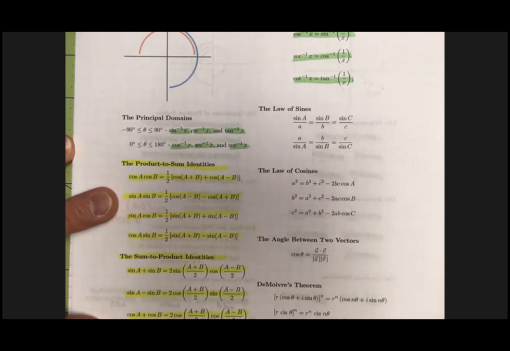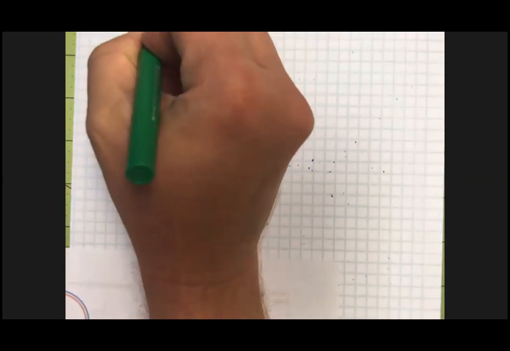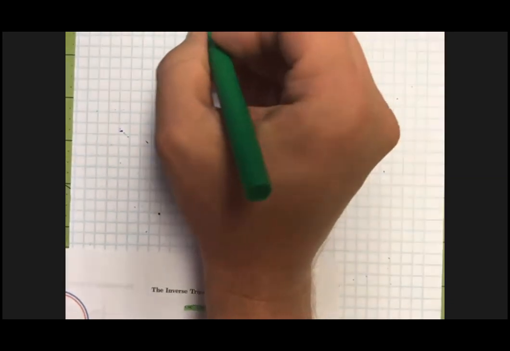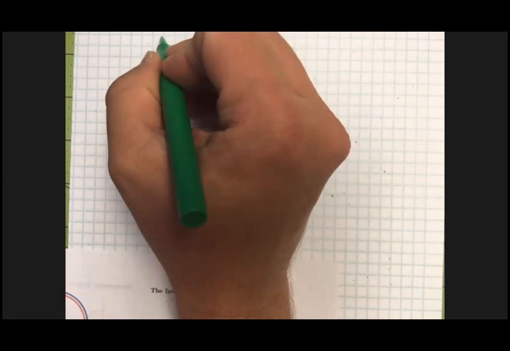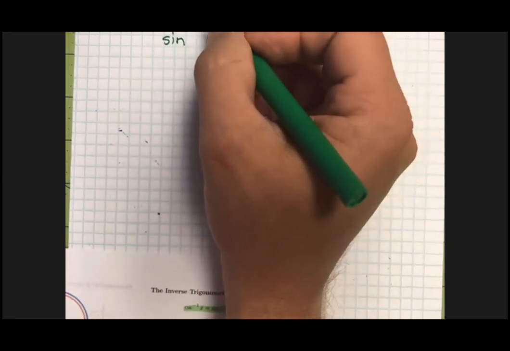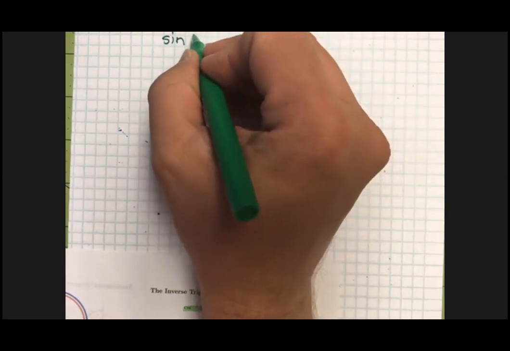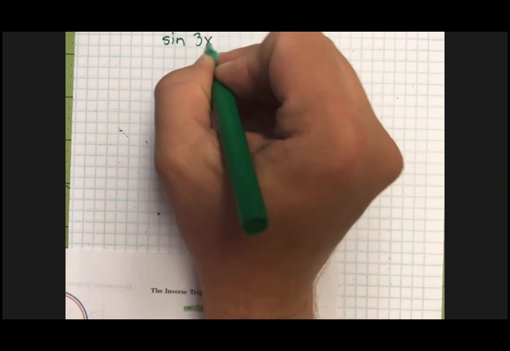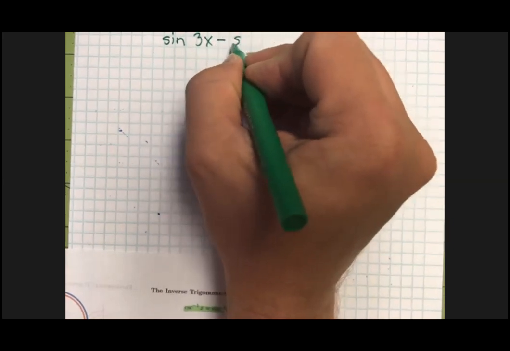For example, what happens if you wanted to graph, oh, how about sine of 3x minus the sine of 5x?